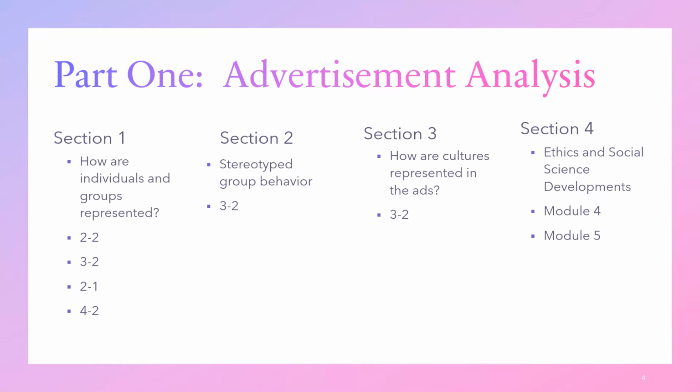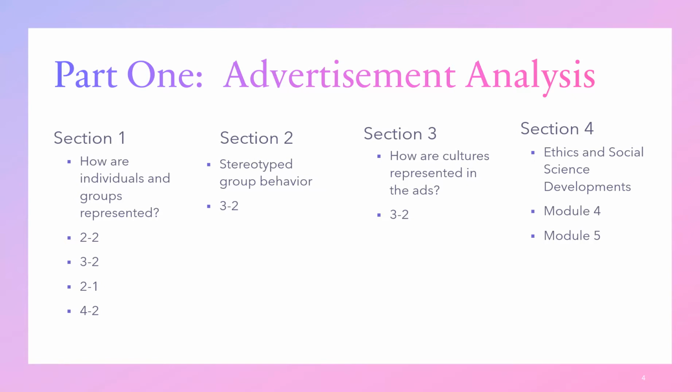You can also choose to talk about the objective actions, like the man was driving a truck, or the group was dancing. Another topic you can discuss in this section is who you think the audience is for the ads. You talked about this in the 2-1 discussion. In the 4-2 assignment, you discussed underlying messages the ads may be sending, and this can be discussed in this section as well.